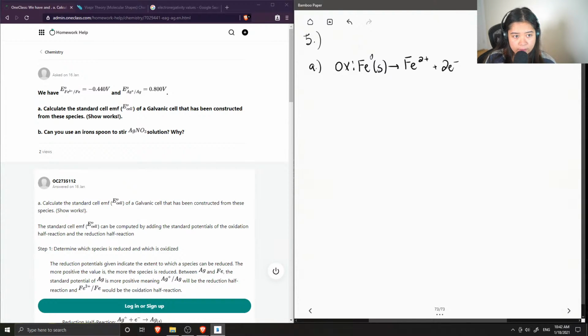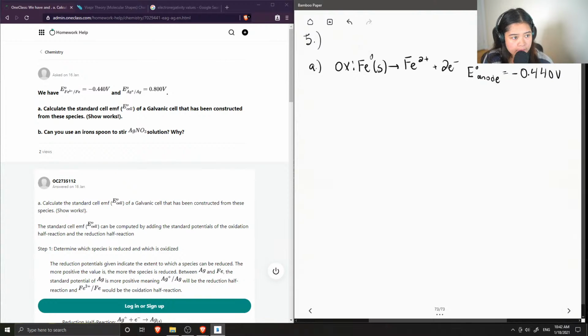And also, the oxidation reaction occurs in the anode. So we can label this as the anode, which is equal to negative 0.44 volts.